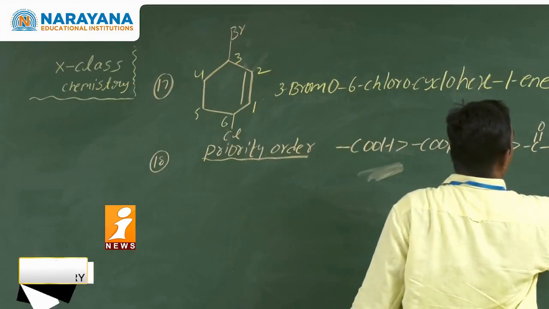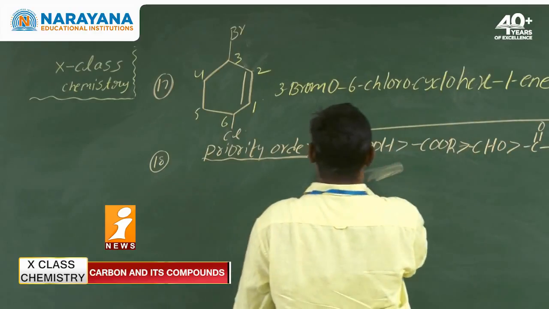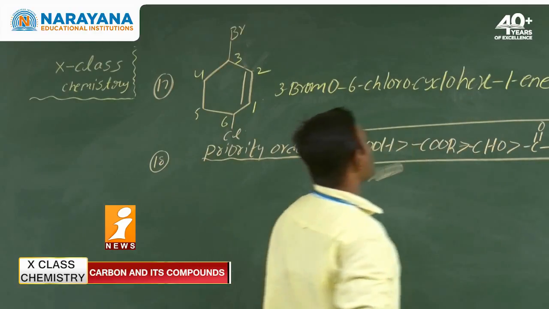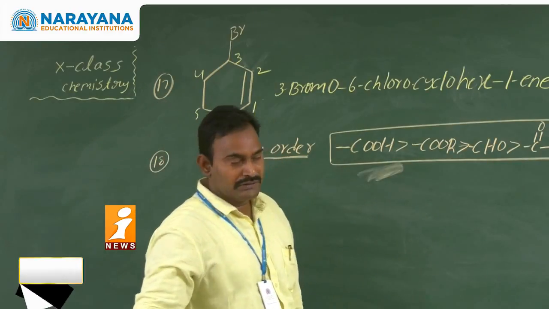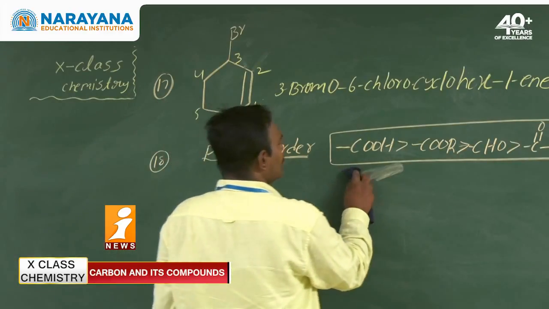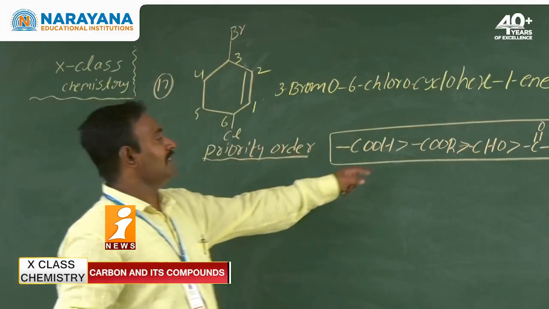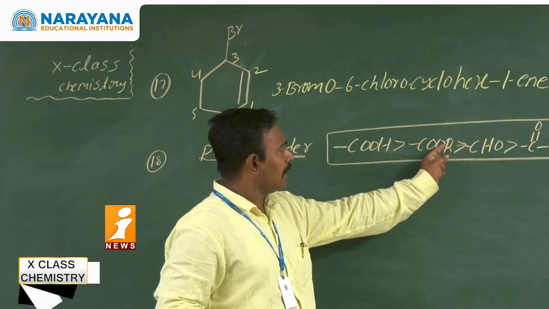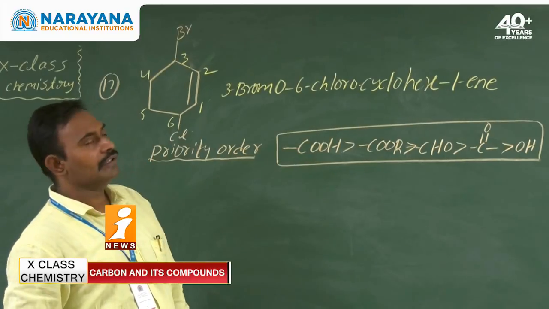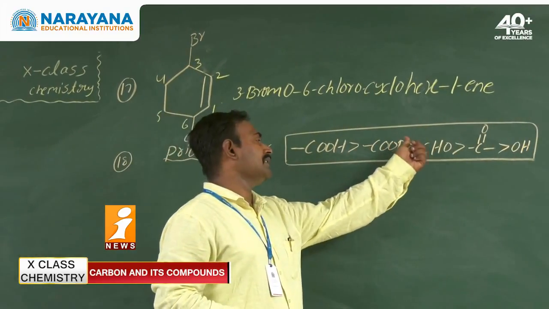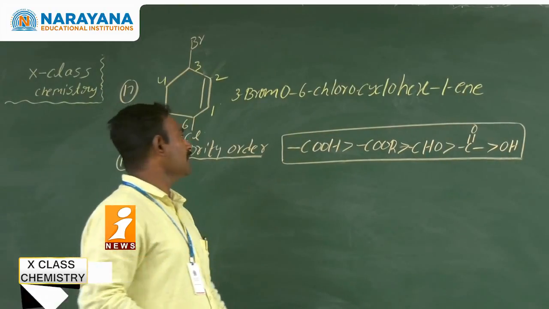So it is a priority order. That means when two or more functional groups are present, according to the priority order, the carboxylic acid should get the least number, as it has more priority. Next esters, then aldehydes, then ketones. And after the esters we can write the amides also. It is the correct priority order of the functional groups.